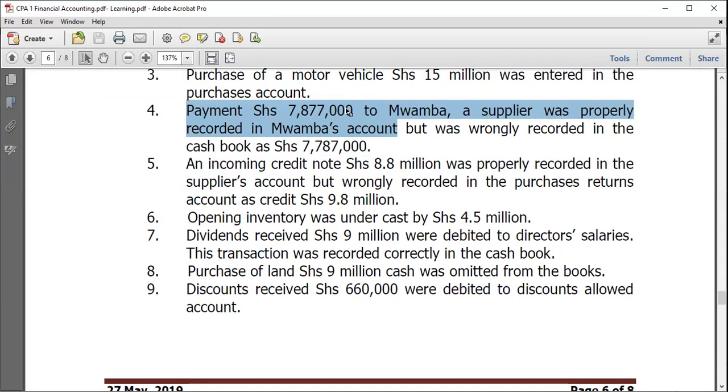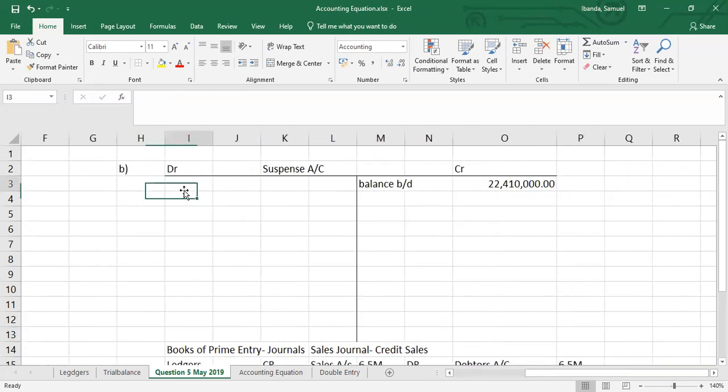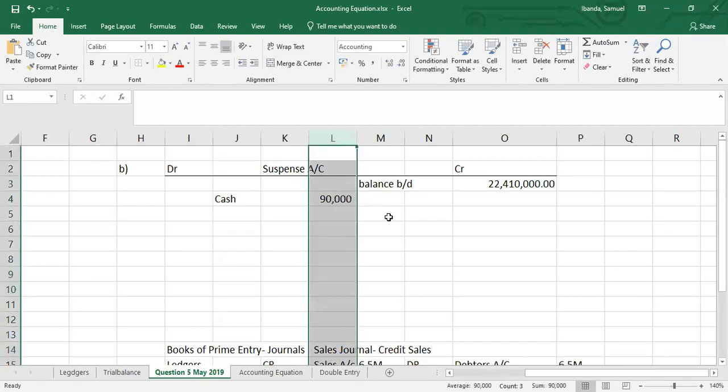So once you've credited cash and debited suspense here, you come to your suspense account. Since we are debiting suspense, you just come and write cash 90,000, like that. So that is how you bring items into the suspense account.